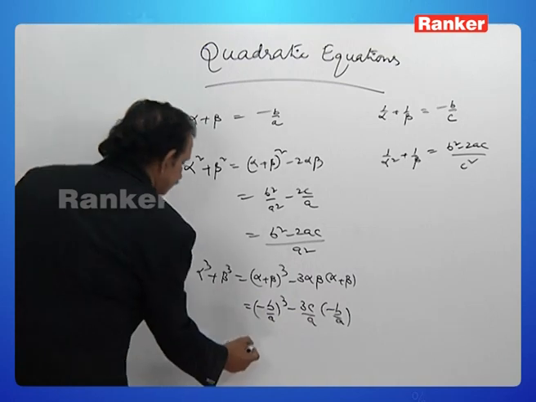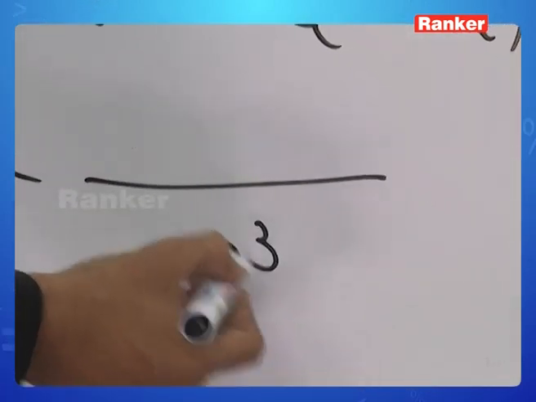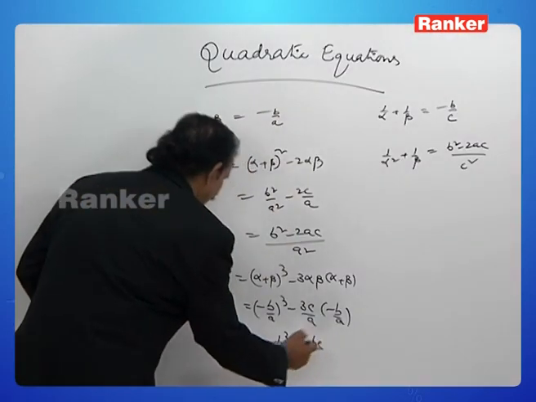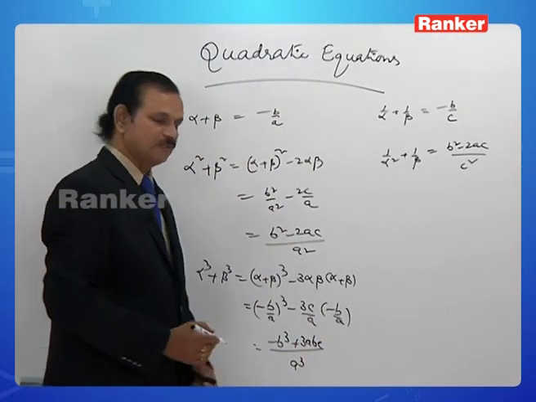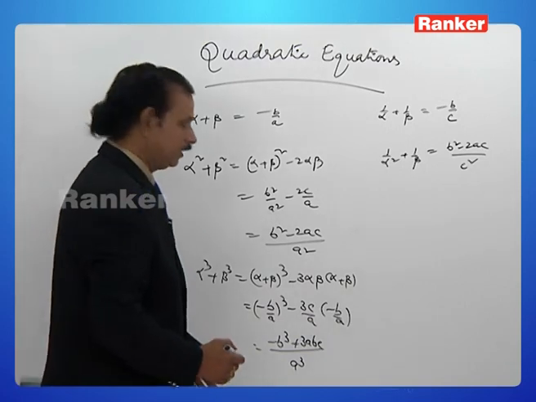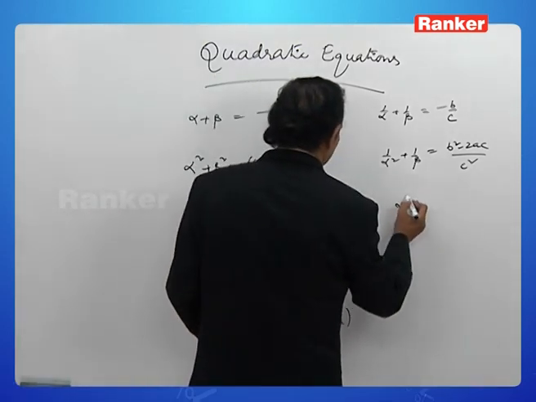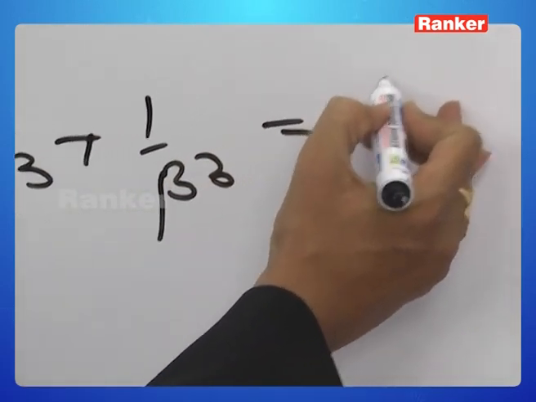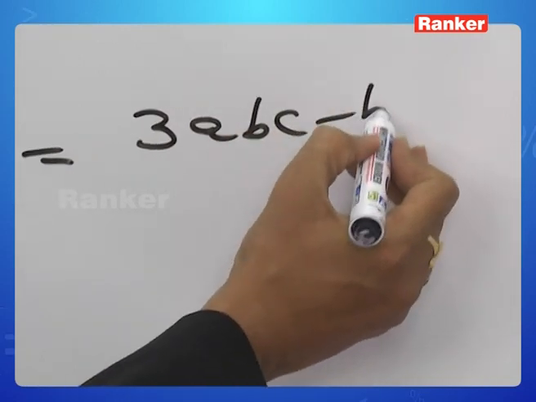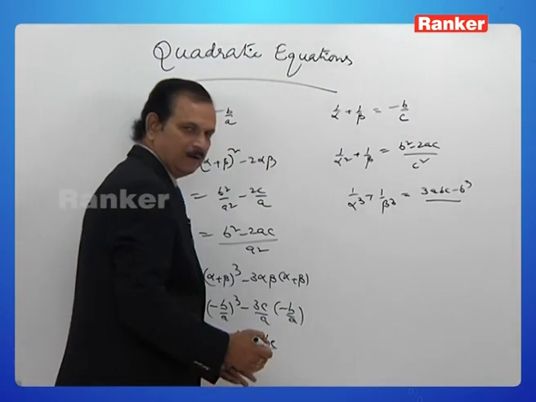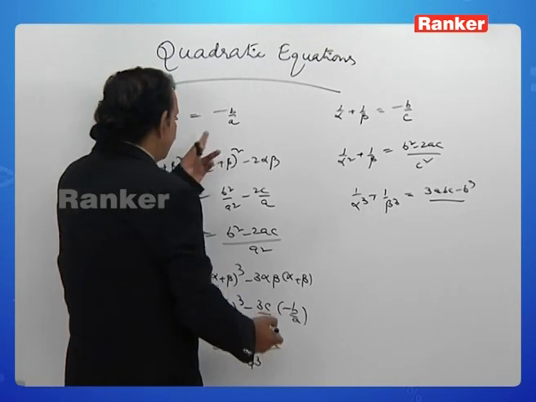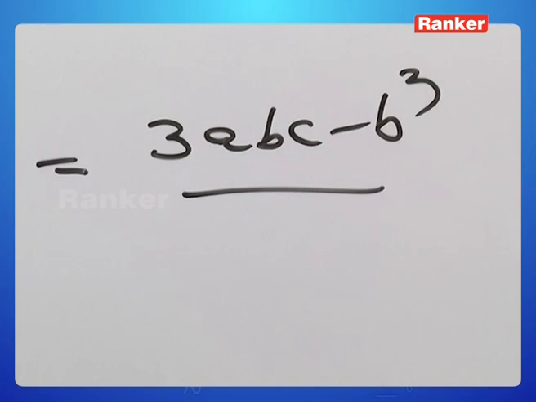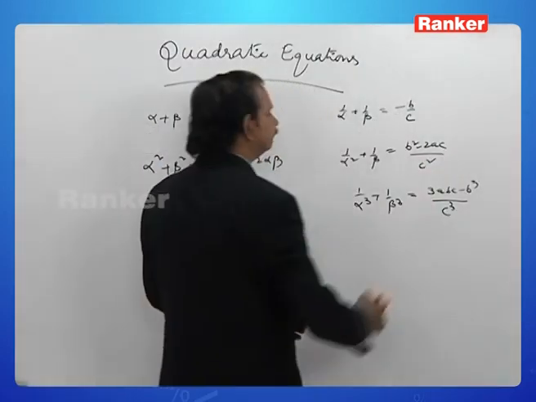Of course, the LCM is a cube: minus b cube plus 3abc. Altogether, alpha cube plus beta cube is 3abc minus b cube by a cube. You can trace the value here also. 1 by alpha cube plus 1 by beta cube is therefore equal to 3abc minus b cube by c cube, the similar way of thinking. A is being replaced by c.